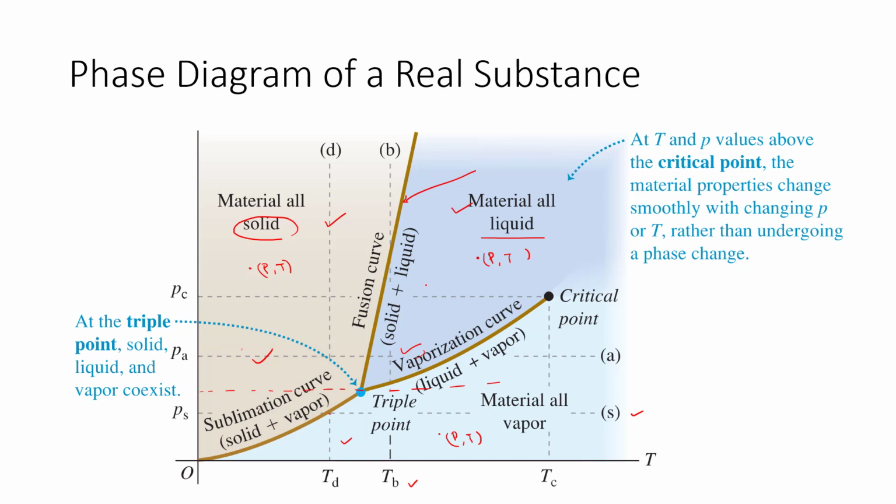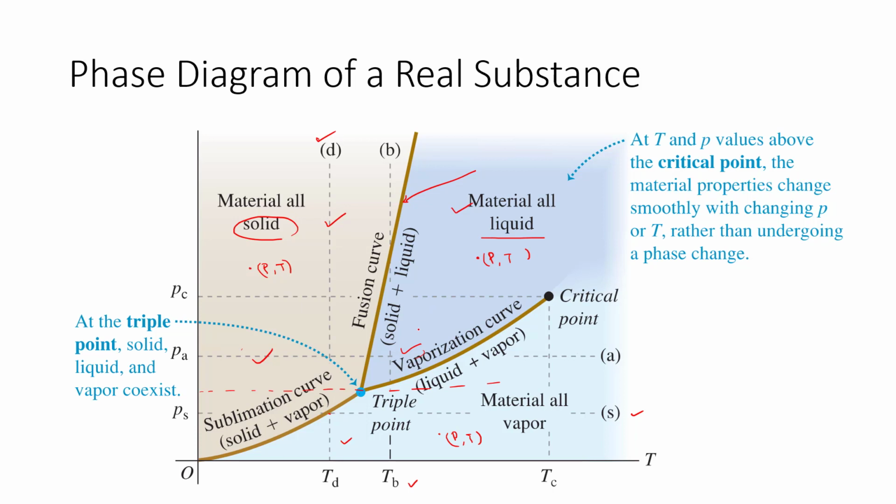When you increase the pressure along this line, the vapor becomes liquid as it passes through the vaporization curve, and liquid becomes solid as you increase the pressure when it crosses the fusion curve.